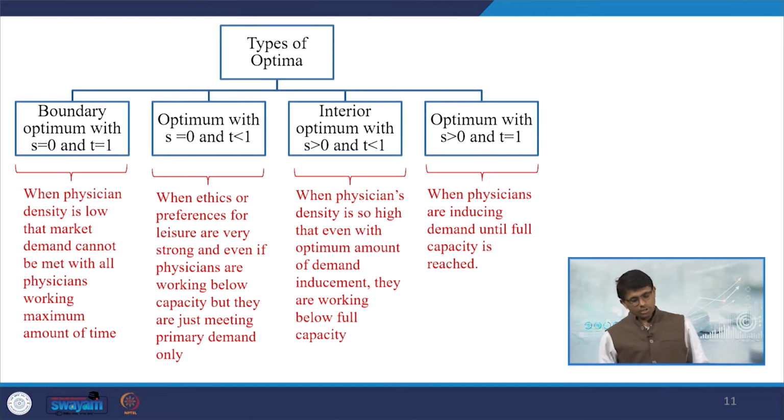Then the third one is called interior optimum, because both are interior: S is non-zero and also T is not equal to 1. In that case, physician density is so high that even with the optimum amount of demand inducement, they are working below full capacity. The last one is called optimum with T equal to 1 and S, there is certain inducement, when physicians are inducing demand until full capacity is reached.